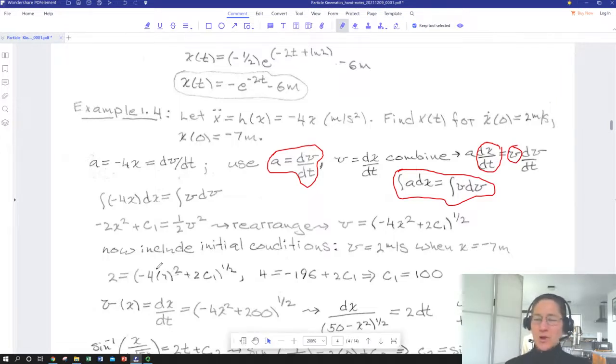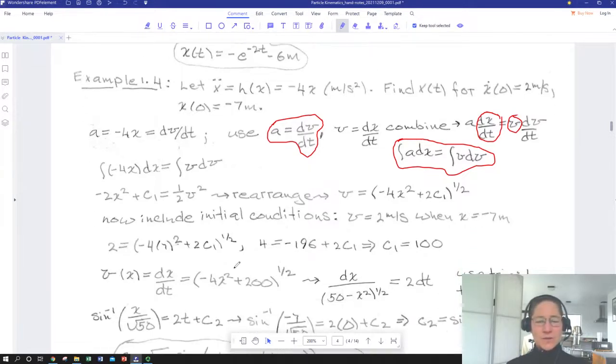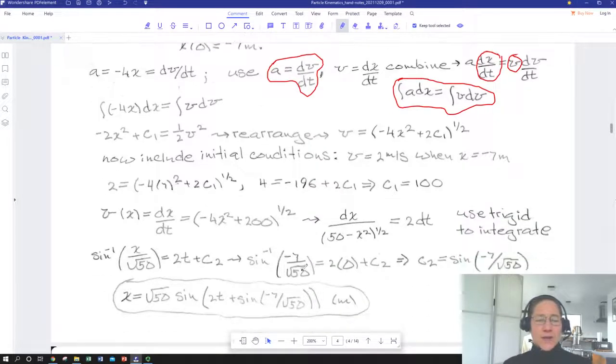So we're invoking both initial conditions to get C1. We get C1 equals 100 when we use some algebra there. So now we have a full expression of velocity at any position, a position-dependent velocity.